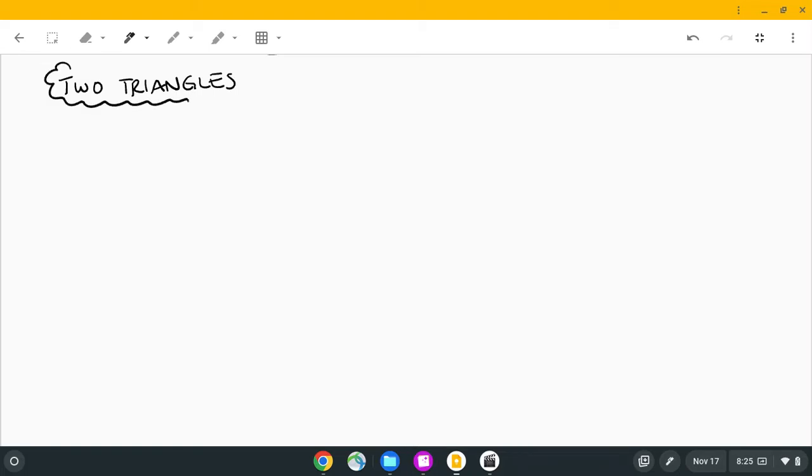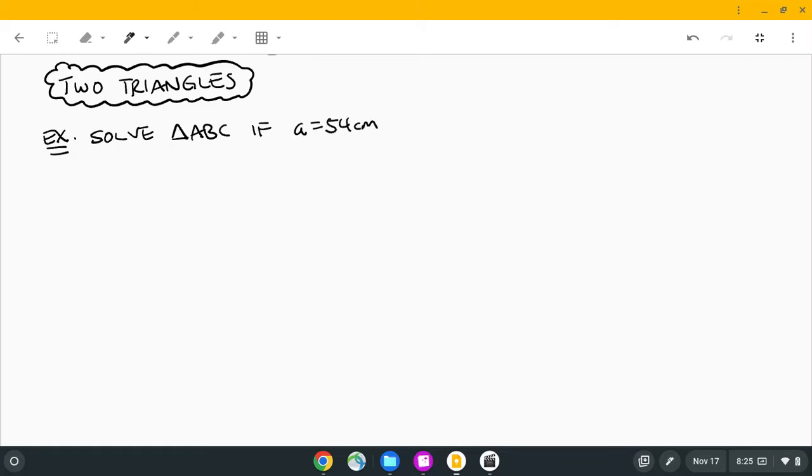So here, take a look at this one. Solve triangle ABC if a equals 54, b equals 62, and angle A equals 40.